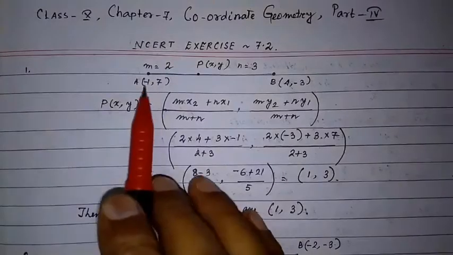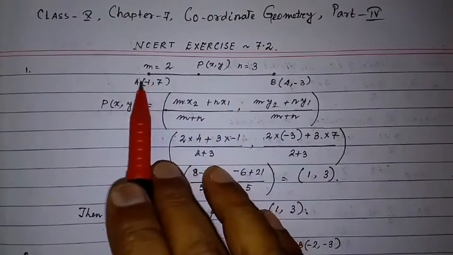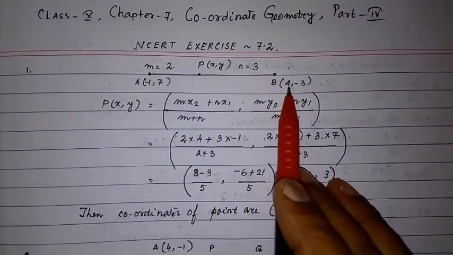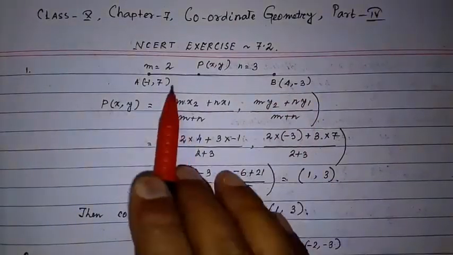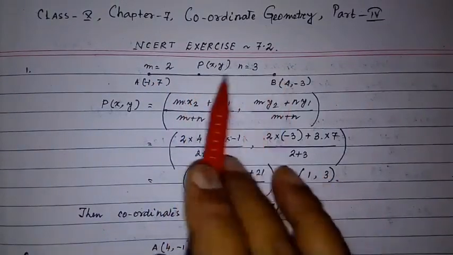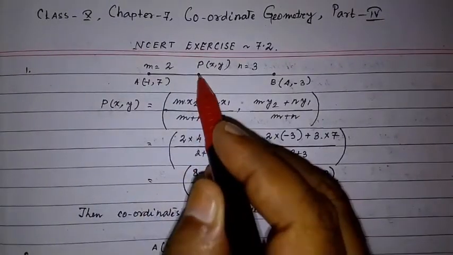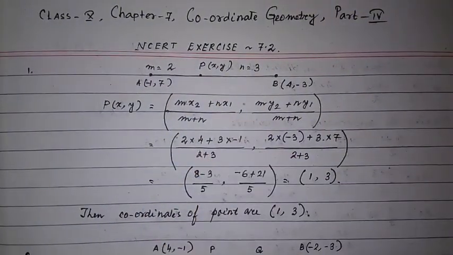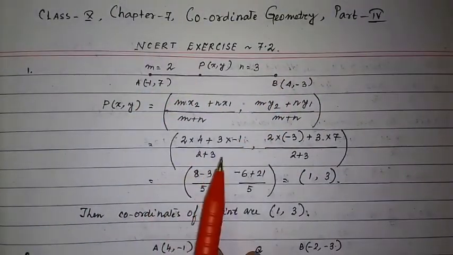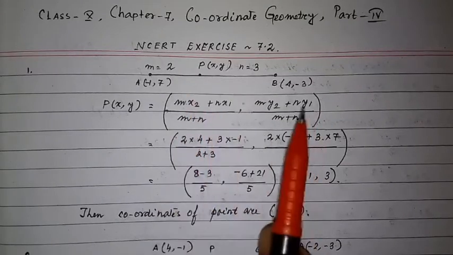So AB is the line segment joining the points A(-1, 7) and B(4, -3) in the ratio 2:3, that is AP is 2 and PB is 3, that is m is equal to 2 and n is equal to 3. Let P be the point which divides the line segment in the ratio 2:3. Here we have to find out the coordinates of the point P.